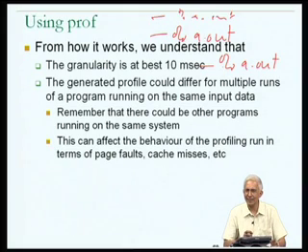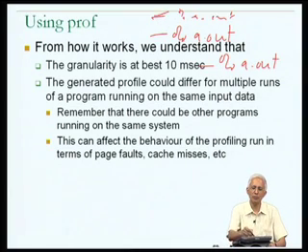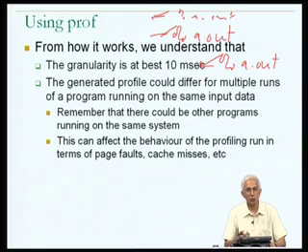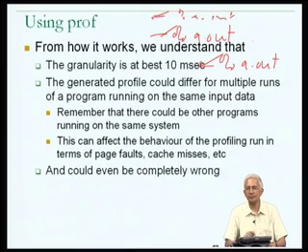And therefore, your program might see different numbers of page faults or different numbers of cache misses due to the fact that there are other programs running on the system. So each time you do the profiling experiment, you could well get different results. This is something we have to bear in mind from our understanding of how the Prof mechanism works.